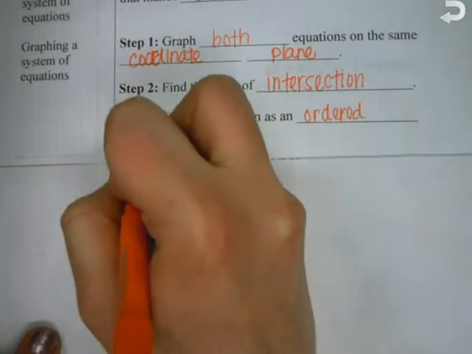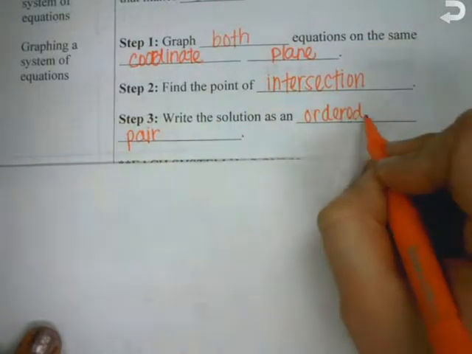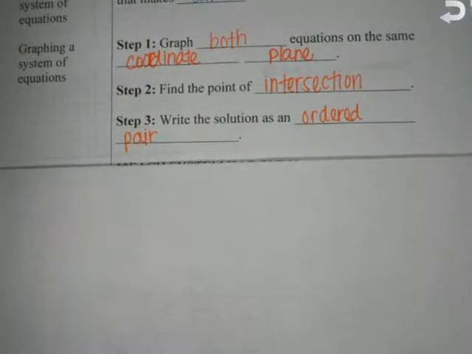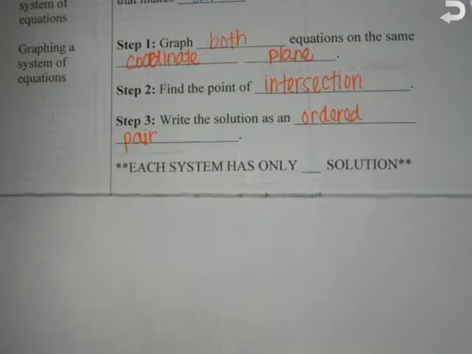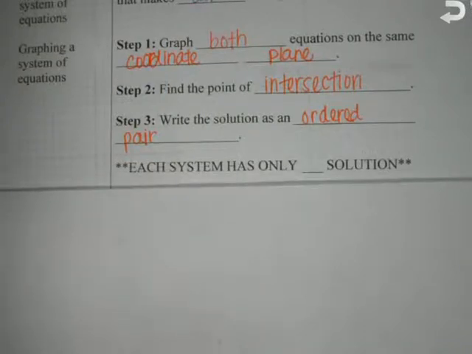So, we graph both of them. We have to find the point where they intersect, and that point is our answer. How many times do 2 lines ever intersect? Just once. So how many solutions do you think each system has? 1. Just 1. So each system has only 1 solution. Always.